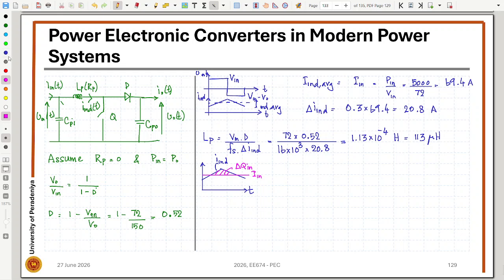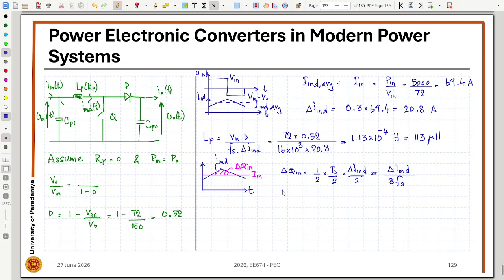We can express delta Q in as half times Ts by 2 times delta I inductance over 2, which will give us delta I inductance over 8 Fs.